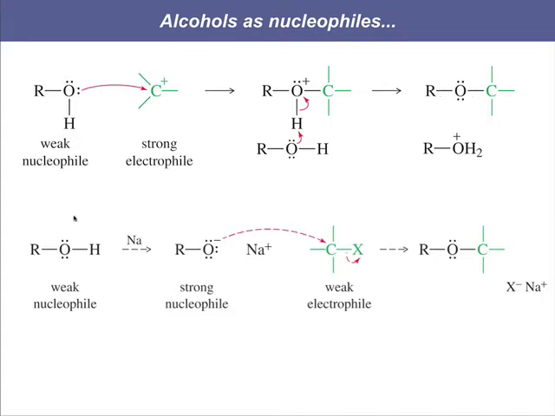Or we can turn weak nucleophiles into strong nucleophiles using sodium, like sodium hydride. That converts our alcohol into an alkoxide, and we can use a strong nucleophile in an SN2 reaction where we have a weaker electrophile, where we have only a partial positive charge on our carbon instead of a full positive charge.